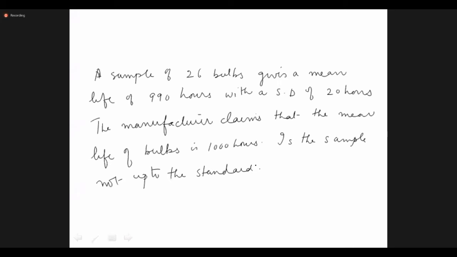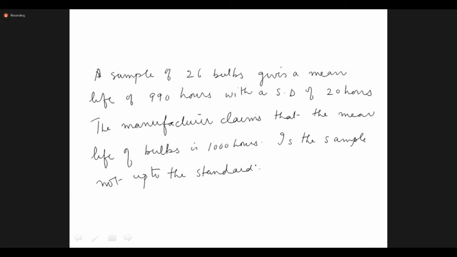Greater than standard we will not consider; only less than the standard we will consider. So H naught such that mu is equal to mu naught, and H1 such that mu is less than mu naught. Since not up to the standard means it is less than the standard. Even though the word not comes, you should understand it properly.